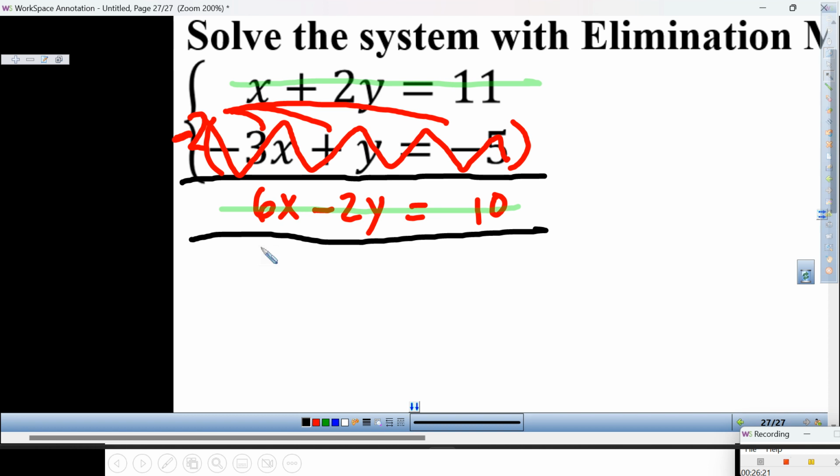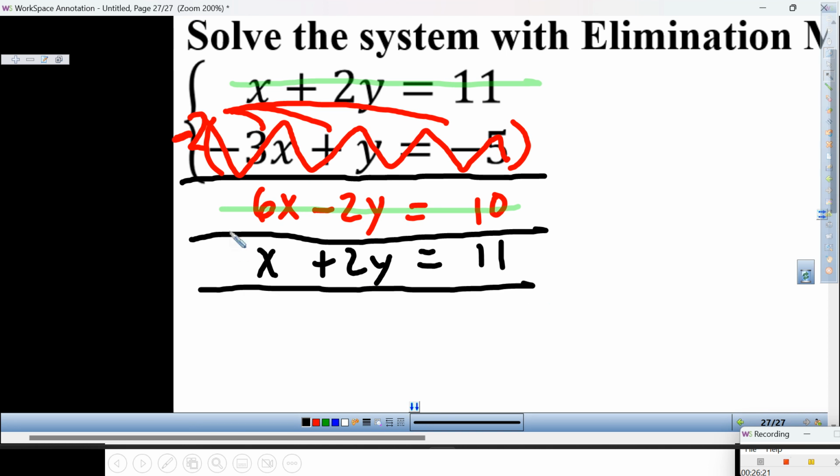Oh, you want to rewrite it down here? Okay. x plus 2y equals 11. 7x equals what? And then x equals?